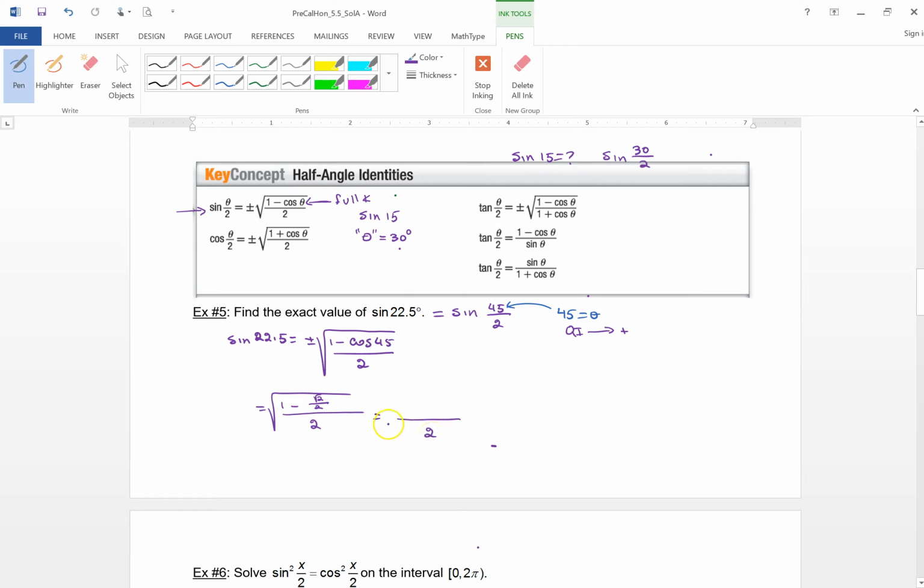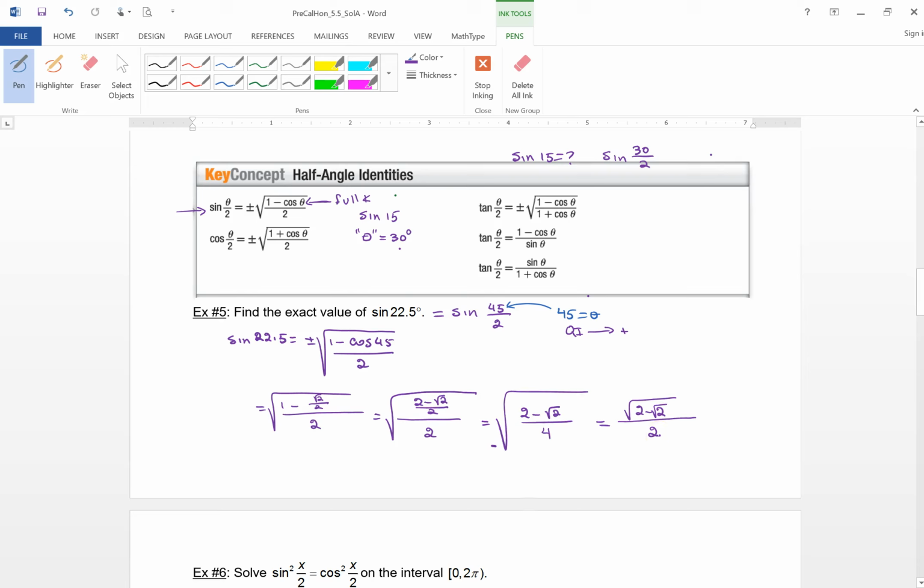Now what's the numerator? It's going to be 2 minus root 2 over 2, which is going to be the square root of (2 minus root 2) over 4, which is going to be the square root of 2 minus root 2, over 2.